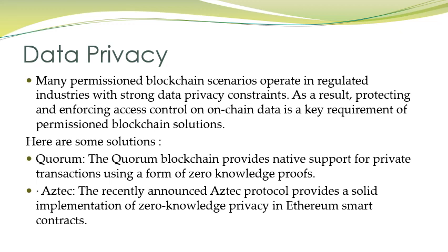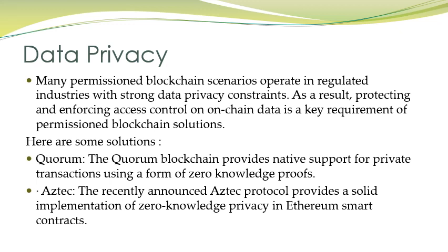There are some solutions for maintaining privacy in the permission blockchain. The Quorum blockchain provides native support for private transactions using a form of zero knowledge proofs. In the last session we studied Quorum. There are two types of transactions that can be processed in Quorum: private transactions and public transactions.